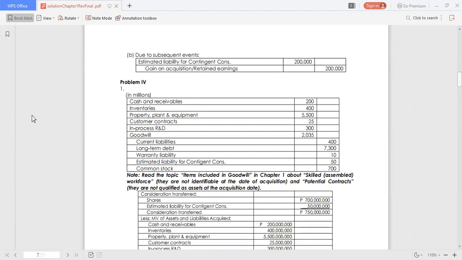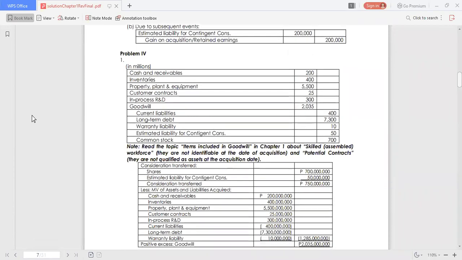Okay, so we have now finished problem number 3. Then I'll continue with problem number 4 with the 2 requirements. Number 1, determine the amount of goodwill. And number 2, assume that during March 20x5, new information comes in regarding the value of Sandy's property, plant, and equipment on the date of acquisition.